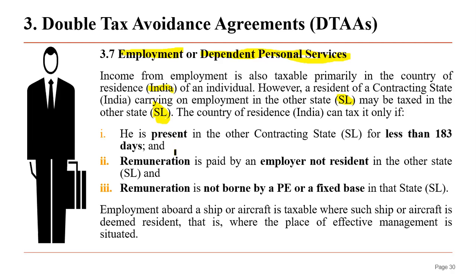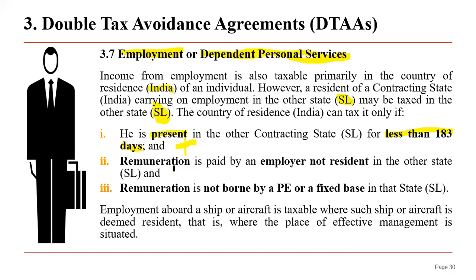Let's take them one by one. Physically present in Sri Lanka less than 180 days. If he stays less than 180 days, then we can't tax it. But not only this, this is one condition, and the second one should also be there.